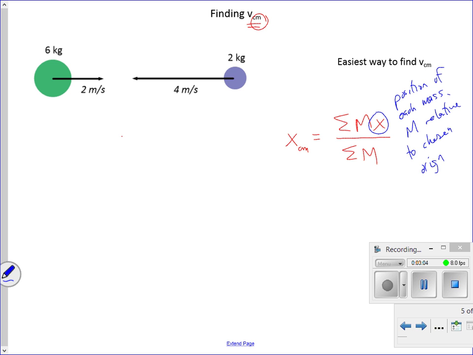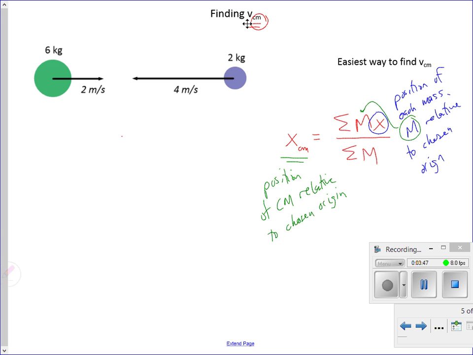And this, the position of the center of mass, is also relative to a chosen origin.